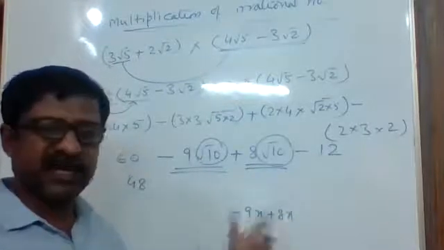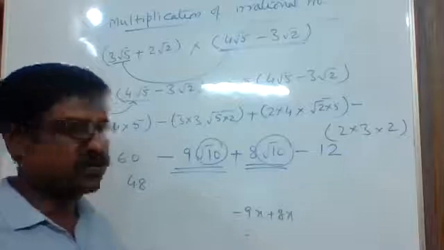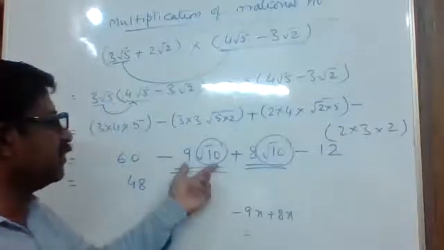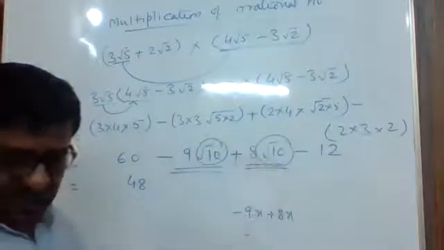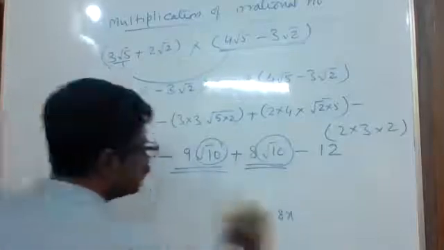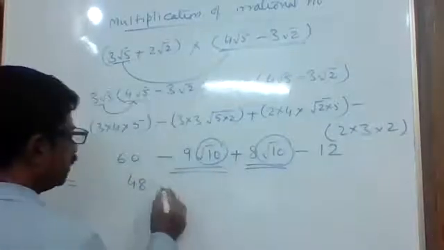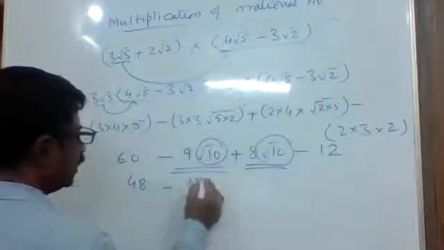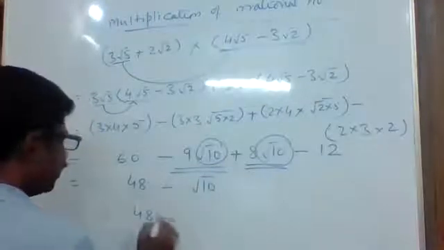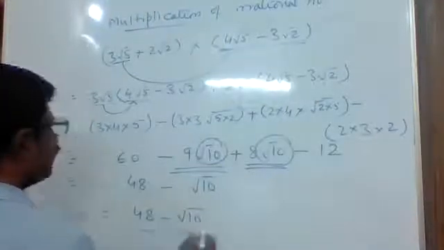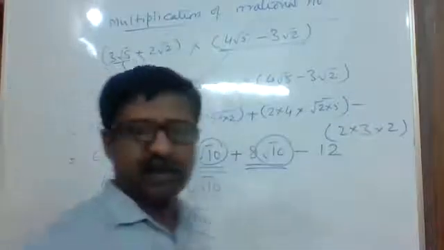Minus 9 plus 8 is minus 1. Therefore, we used to get minus 1x. Same procedure we follow over here. Minus 9 root 10 plus 8 root 10 will be minus root 10. The sign of greater value has to be written. Therefore, this is the answer, 48 minus root 10, for the multiplication of these numbers.